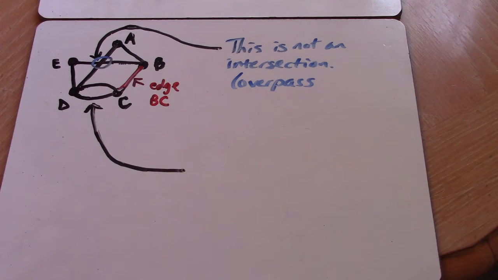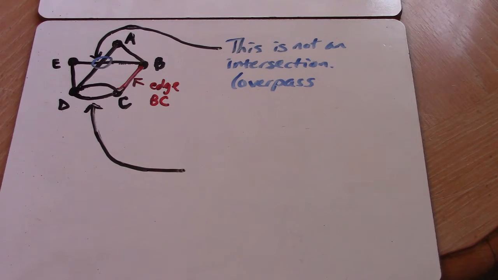One goes over the other. So because of that, we need to make sure we understand that edges can cross each other without actually crossing each other. If there is no vertex indicated, there is no vertex there.